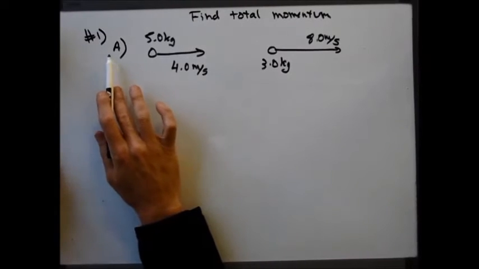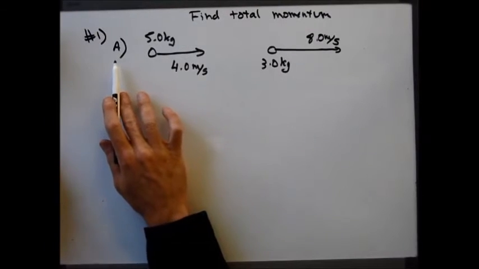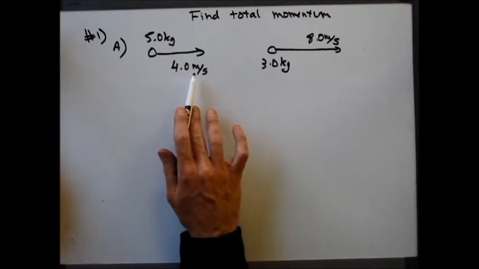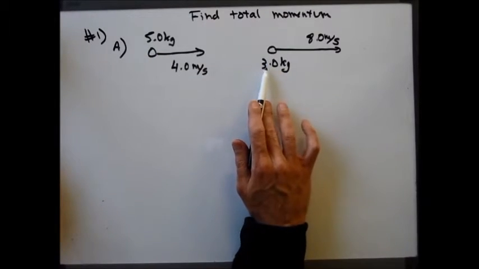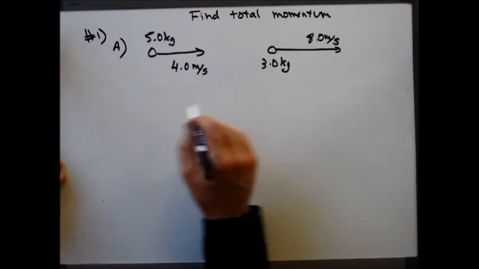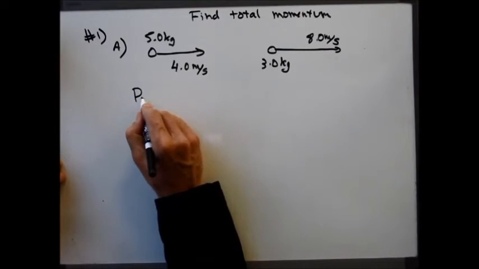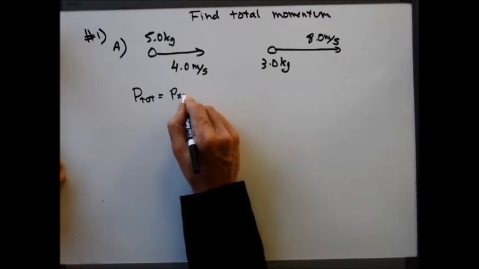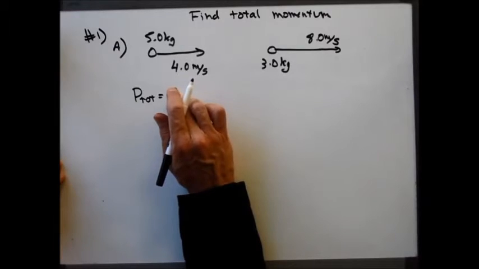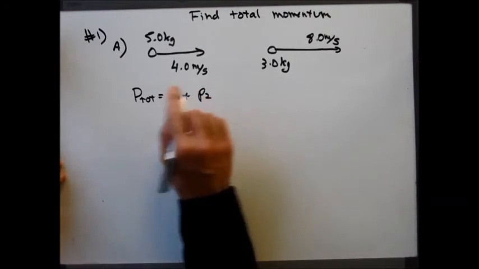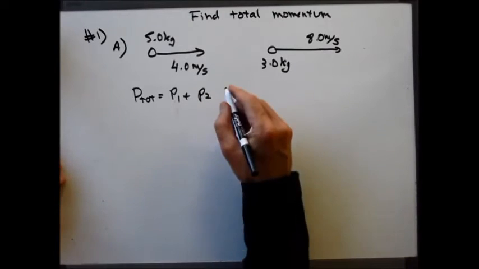So here's number one in your book, just an example. You have a particle of 5 kilograms moving at 4 meters per second and a particle of 3 kilograms moving at 8 meters per second. What's the total momentum? Well, these guys are moving in one dimension, so I can just do P tot is equal to P1 plus P2, because they're all in one line. I don't have to worry about components.